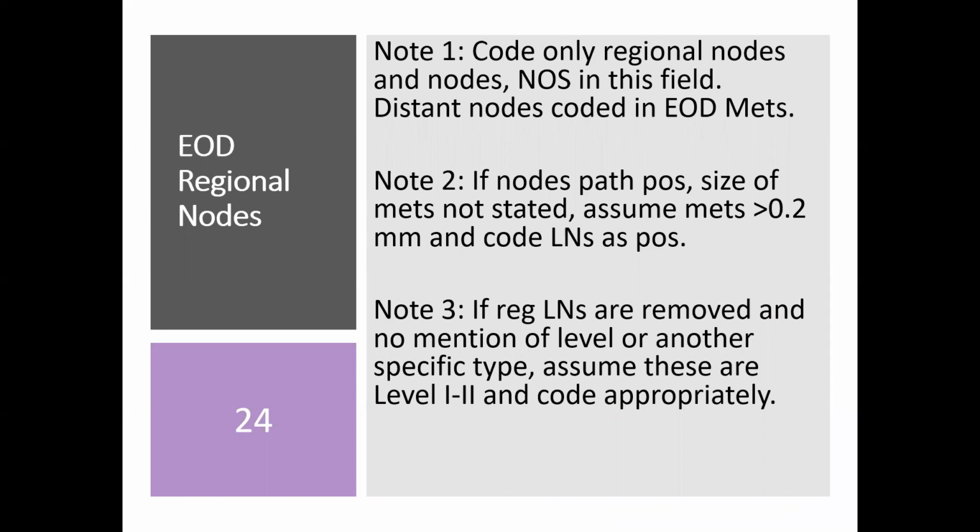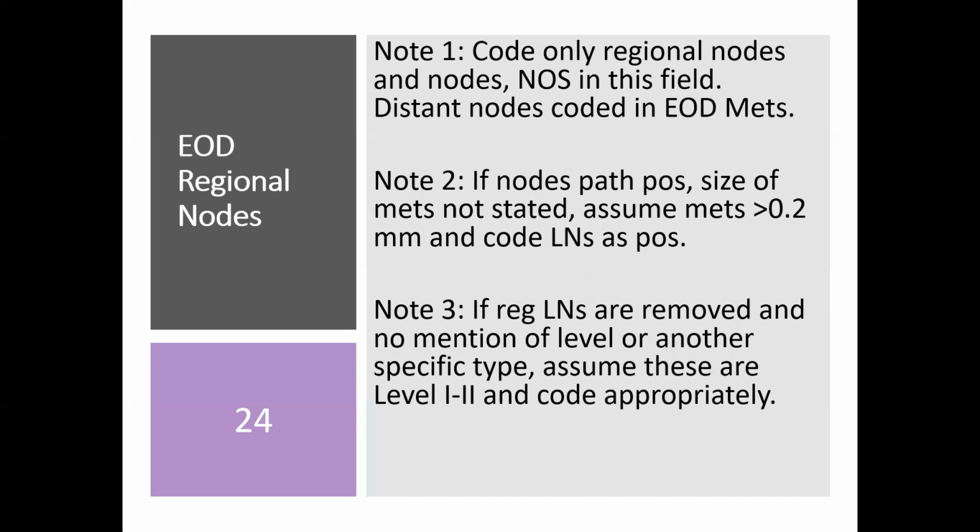The other common error was using imaging terms to code nodes as involved. There is a list in the EOD manual of terms used to mean lymph node involvement, and that's on page 25. Because this is a troublesome field, we're going to go through each of these notes.